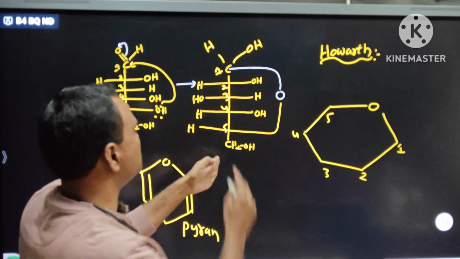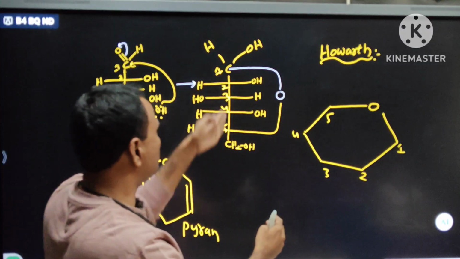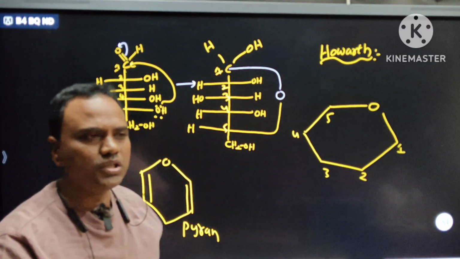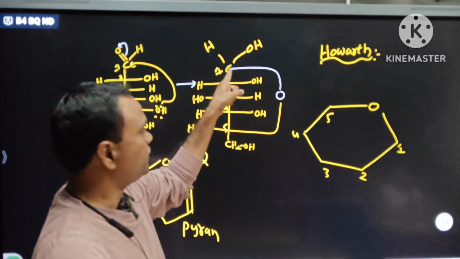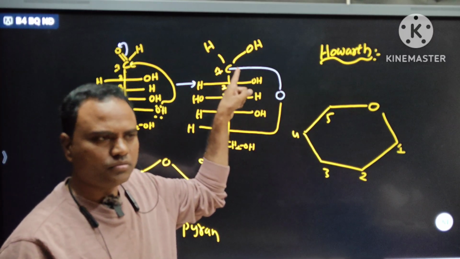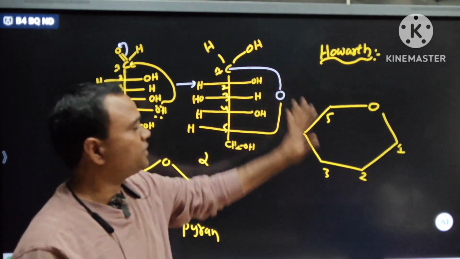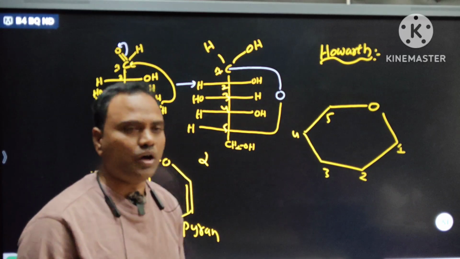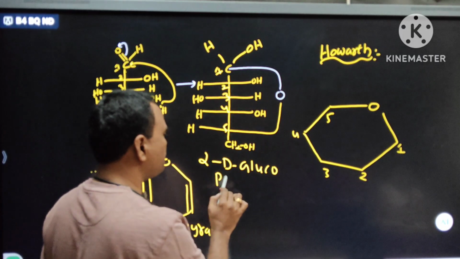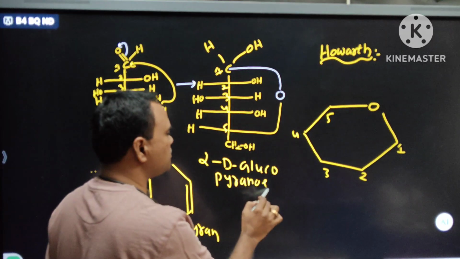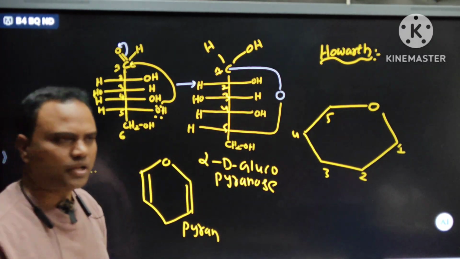When the OH group is present on the right side, that is called alpha. First carbon OH, if present on the right side, that is alpha D glucopyranose, because this is similar to the pyran structure.